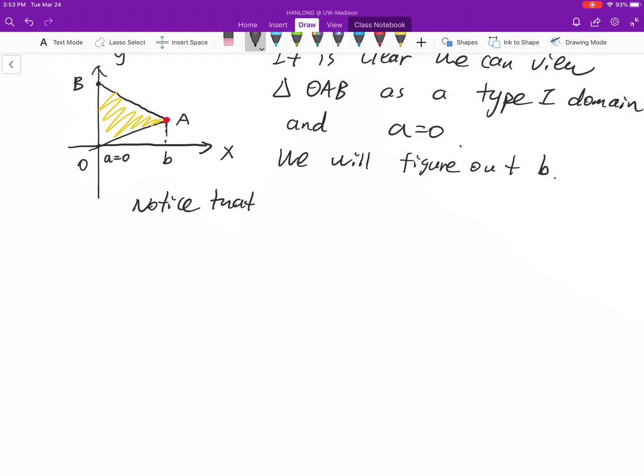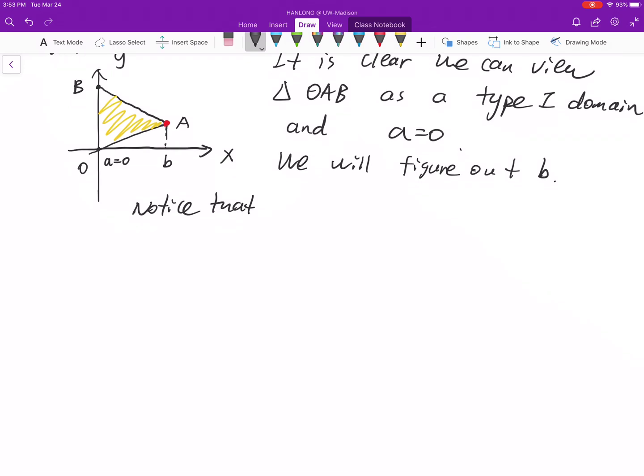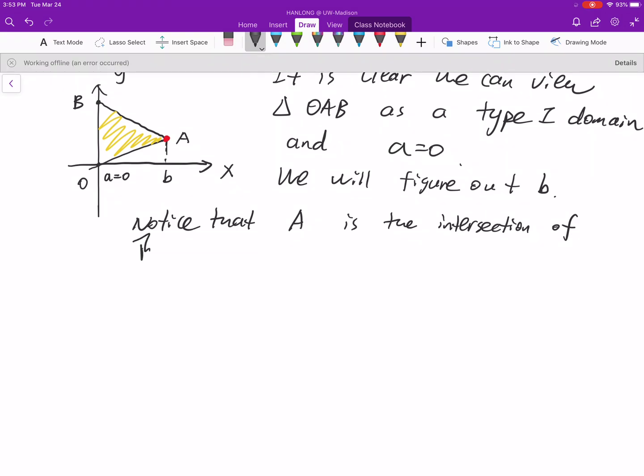Here A corresponds to small b, and capital B corresponds to small a. I'd better change the order of capital A and capital B, but I think you understand that. Note that A is the intersection of 3 planes.